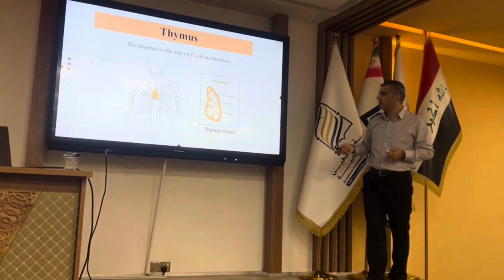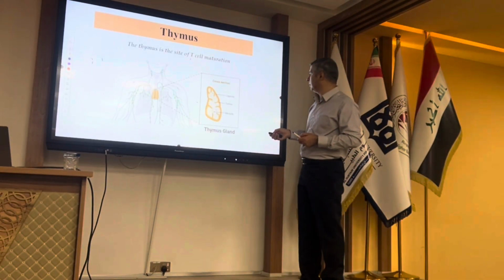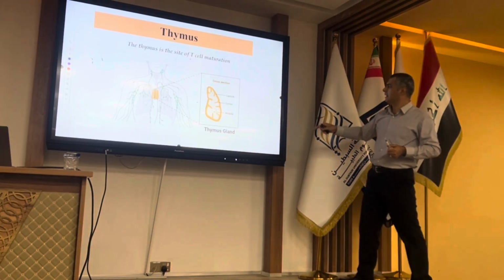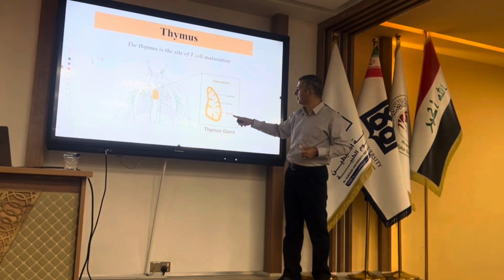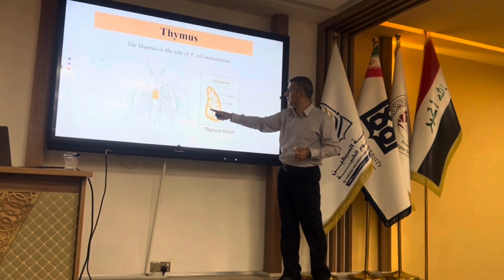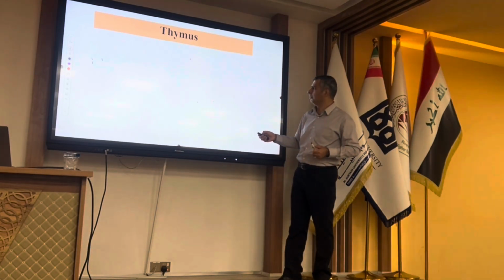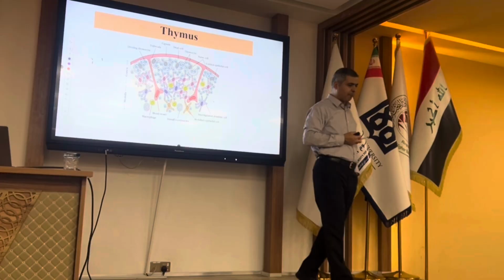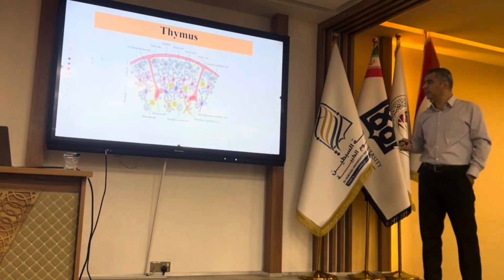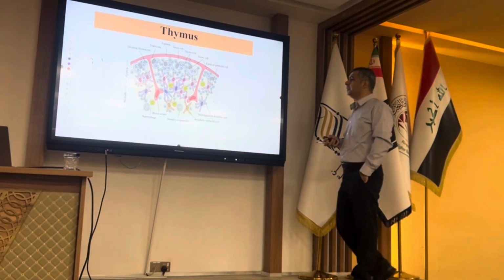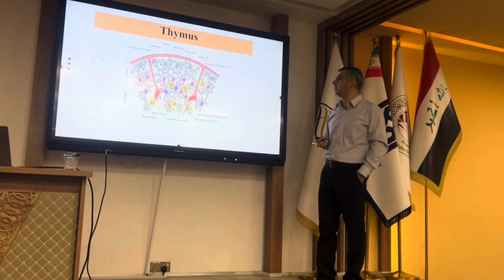So, thymus, you know that it is in the upper chest behind the sternum, and it has a capsule, a cortex, and a medulla. Cortex is the site under the capsule, and medulla is the central part of the thymus. I'll talk about this again in the tolerance lecture.